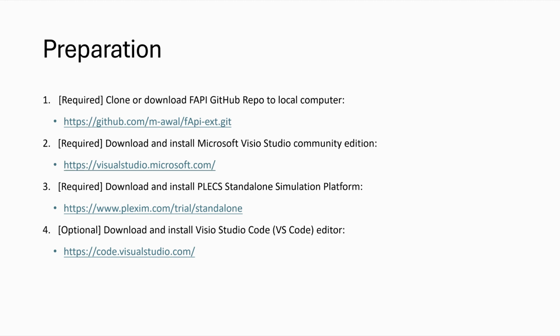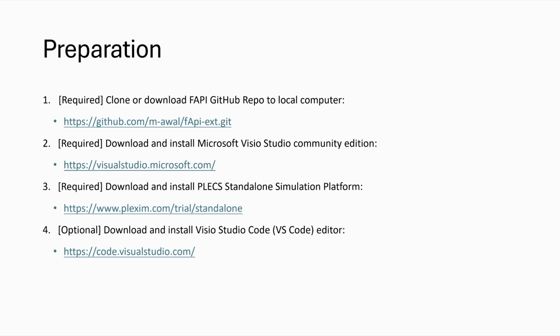As we just mentioned, the first requirement is for the user to clone or download the FAPI package from the GitHub repo to their local computer. Step 2 is to download and install Microsoft Visual Studio on their computer, and it can be the Community edition.